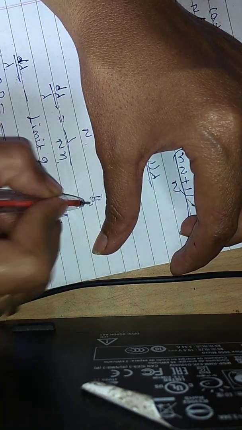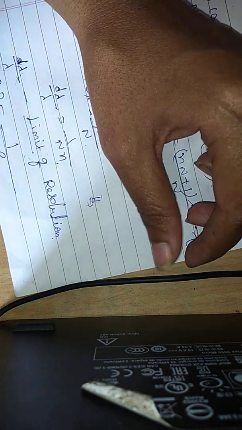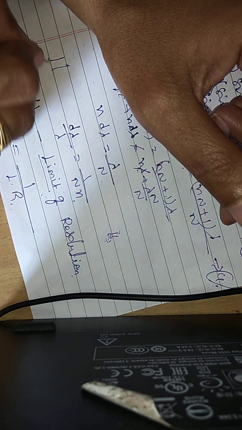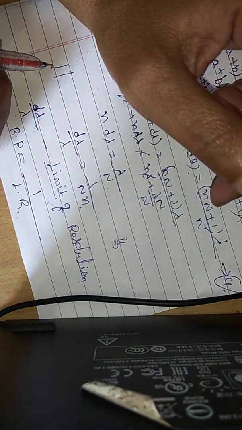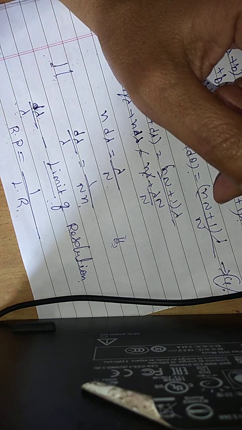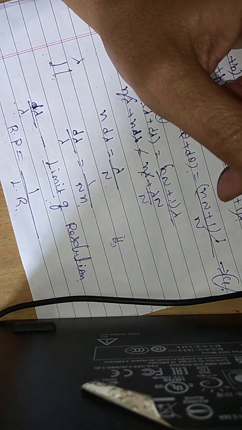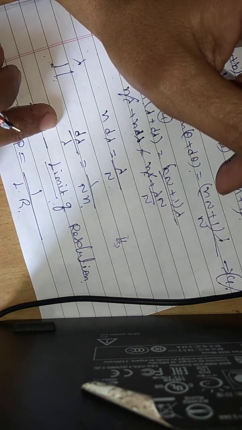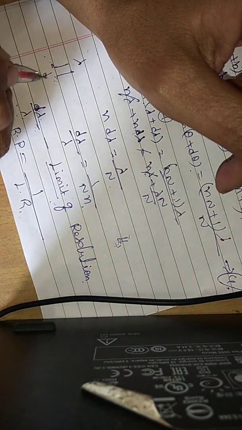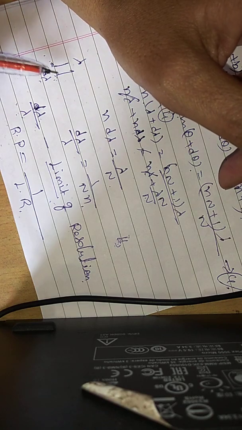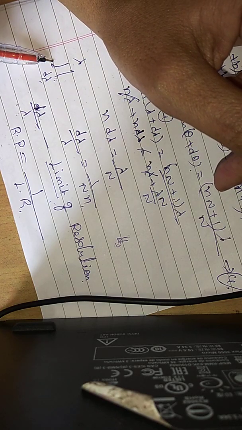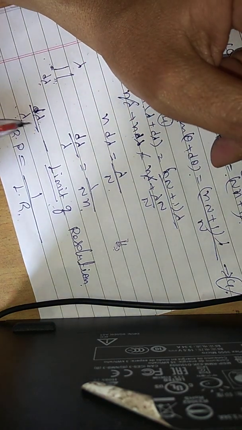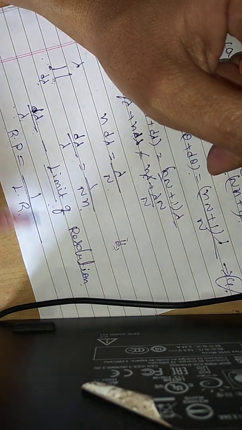That minimum distance is called the limit of resolution. d lambda is the change in the wavelength of the neighboring two spectral lines, and lambda is the wavelength of light used. The ratio of these is called the limit of resolution.